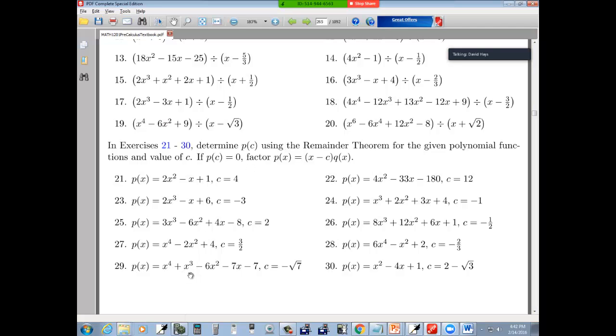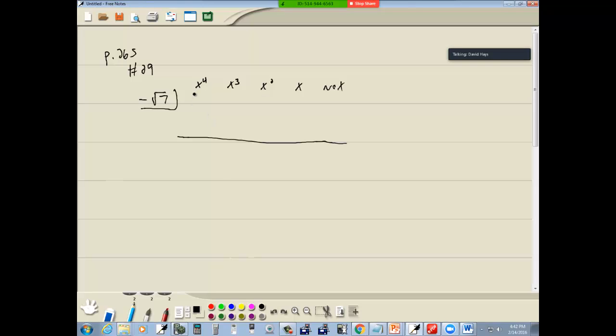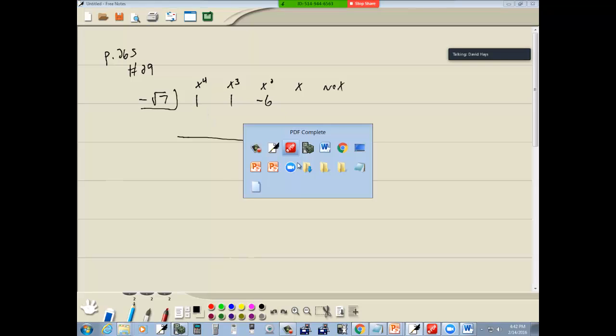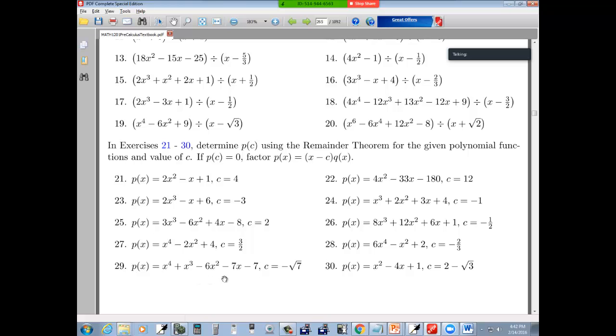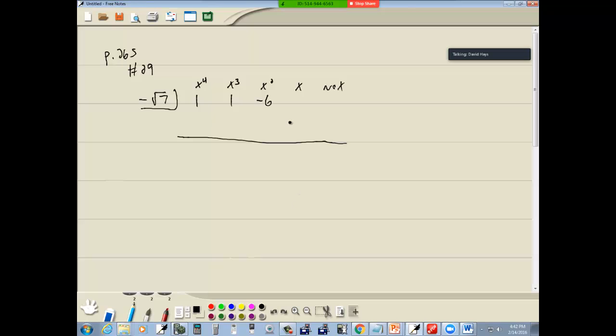And we got 1, 1, negative 6, negative 7, negative 7. So we'll add, and then we'll multiply. Negative square root of 7 times 1 is negative square root of 7. And then you add 1 minus square root of 7.